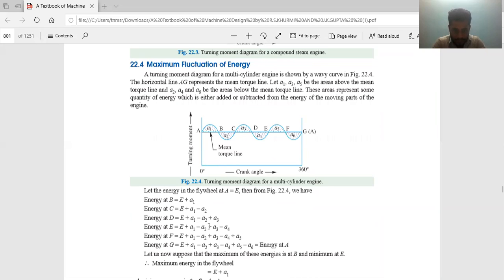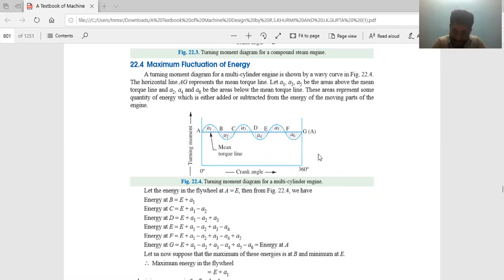The energy at F will be E plus A1 minus A2 plus A3 minus A4 plus A5. Last one is the energy at G. It will be E plus A1 minus A2 plus A3 minus A4 plus A5 minus A6.